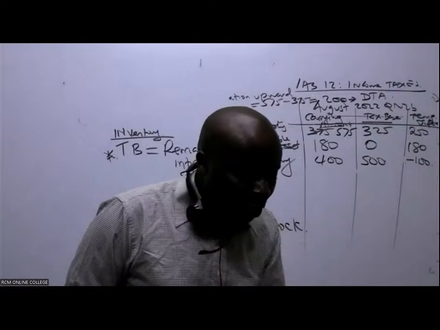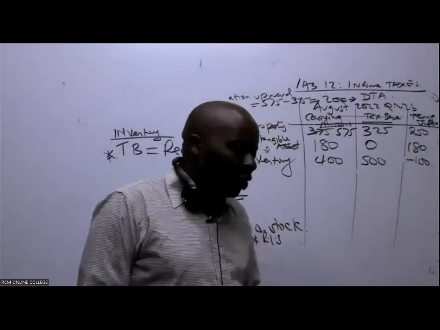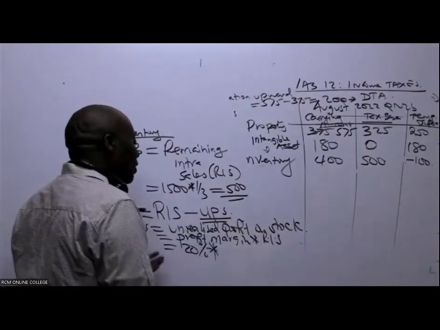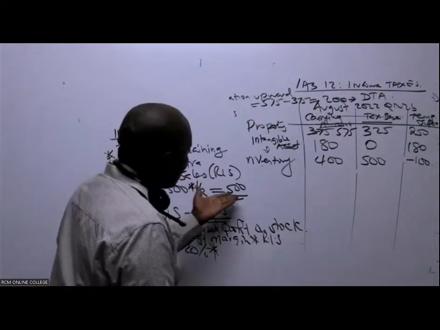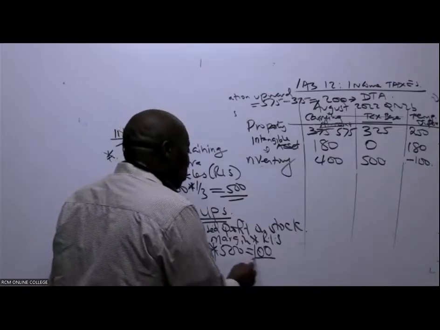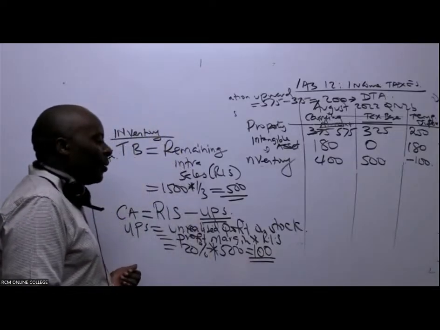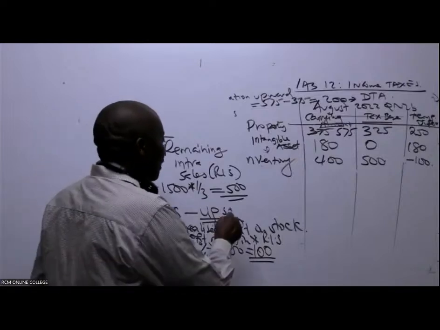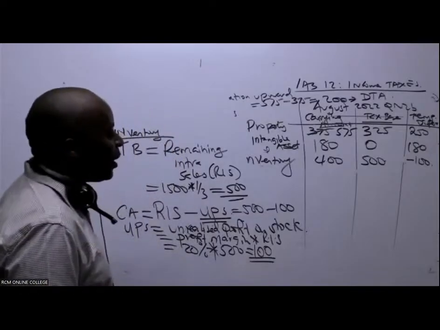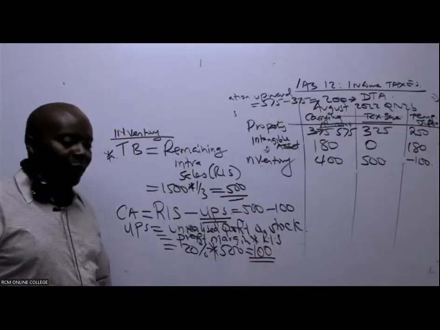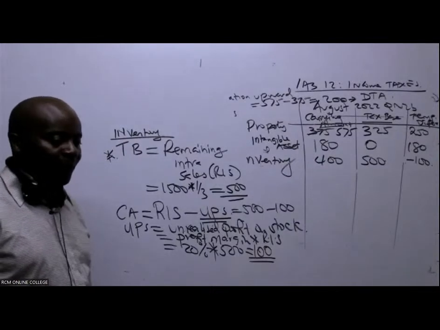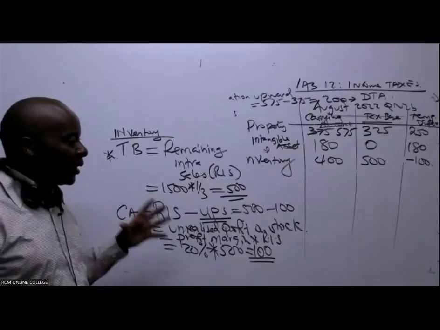We are told in note 3 that the profit margin is 20%. So profit margin is 20% and remaining intra-sales is 500. So 20% of 500, this is how we were able to pick that 100 bob. And then our REIS here is 500 minus 100. So 500 minus 100, that's how we were able to get that 400. I hope now this makes some sense and you'll be able to follow it up.